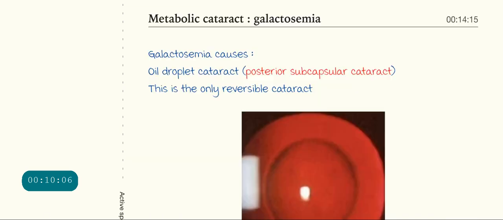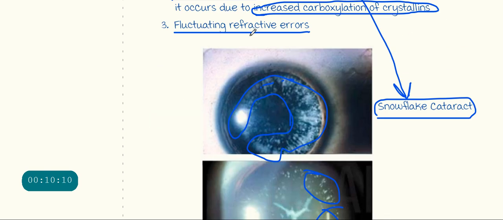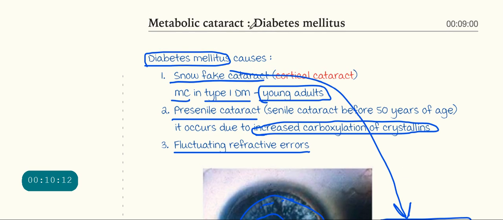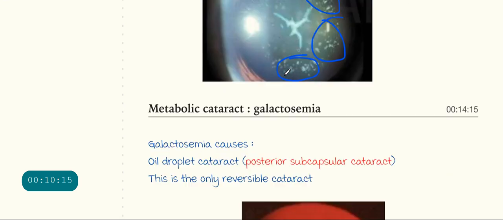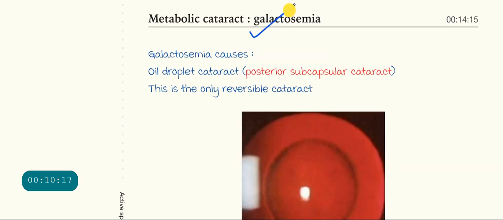Now another thing in the metabolic cataract, first was diabetes mellitus, then comes galactosemia. So galactosemia can also lead to cataract. Which types of cataract can galactosemia cause?